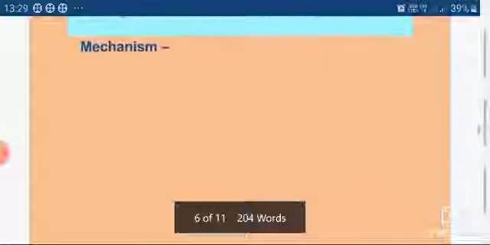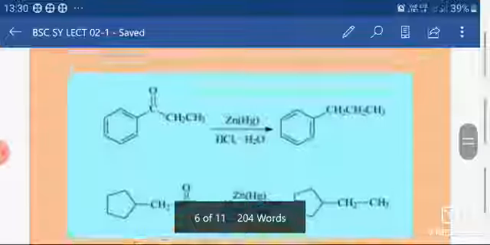Then the next is the mechanism of the Clemmensen reaction.